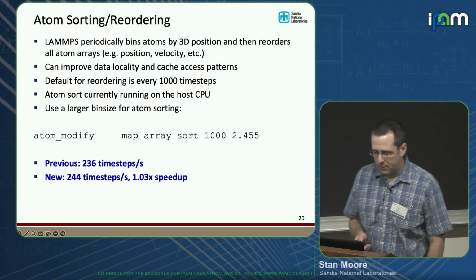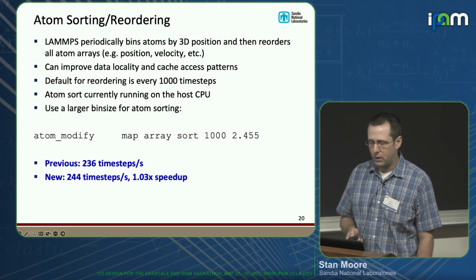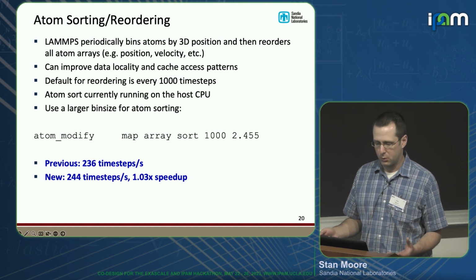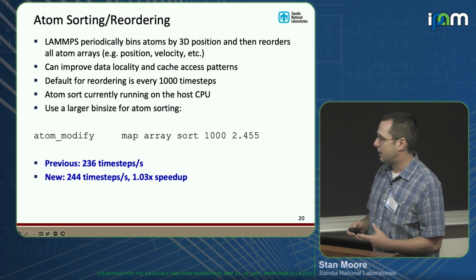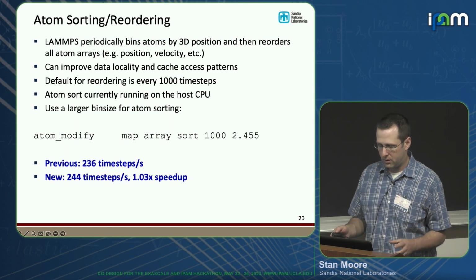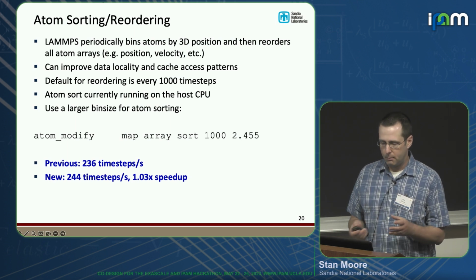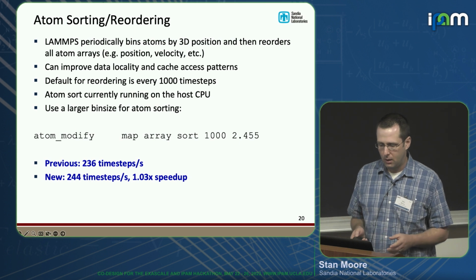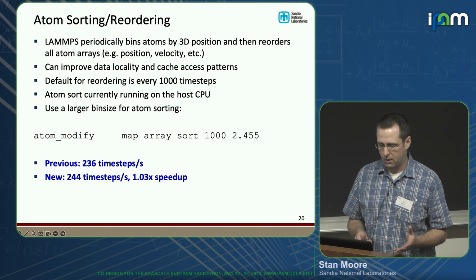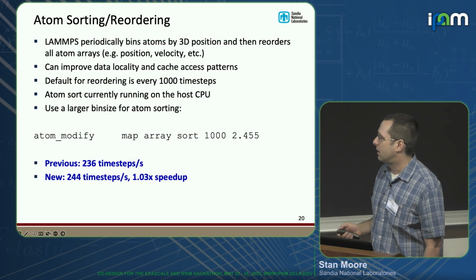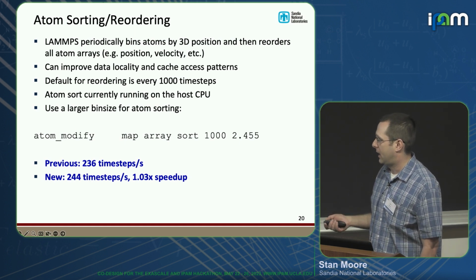Okay, another option in LAMMPS is atom sorting, also known as reordering. So LAMMPS will periodically bin up the atoms in 3D position and then reorder by swapping around all of the atom arrays. So position, velocity, etc. And the reason is that this can improve data locality and cache access patterns.